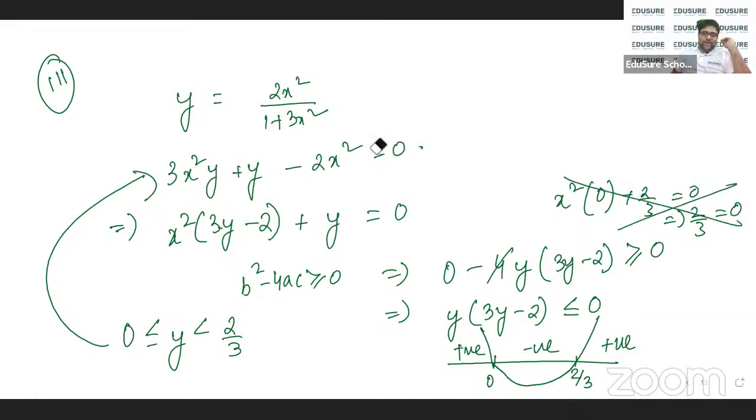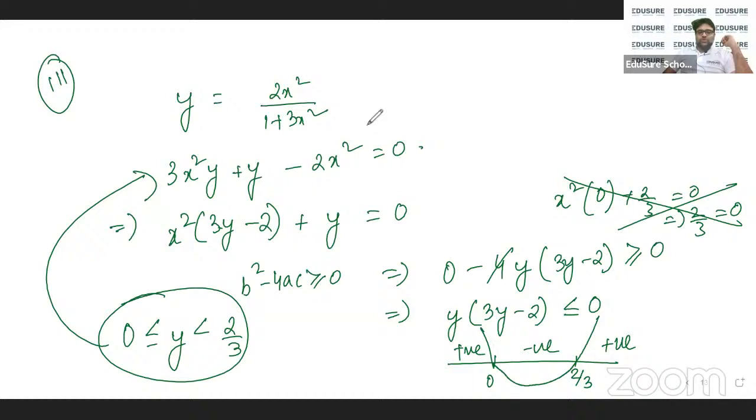So y cannot be equal to 2 by 3. It's less than 2 by 3. So what I did was quadratic, b square minus 4ac greater than or equal to 0, inequality in y between 0 to 2 by 3. Check with the original equation. Checked at 2 by 3 it is not holding. So this is what the answer will be.